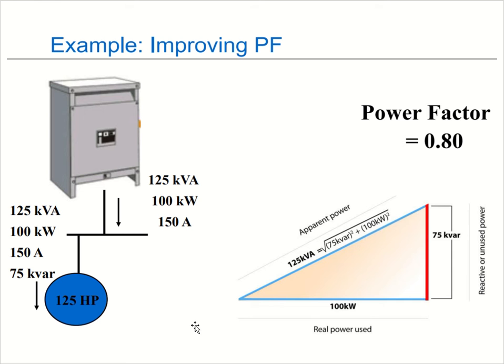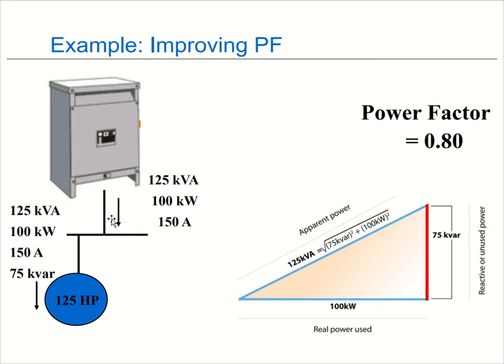So in order to find it, let's go back and use the formula that we saw before, which is your square root of 3. We're going to find the 125 kVA.